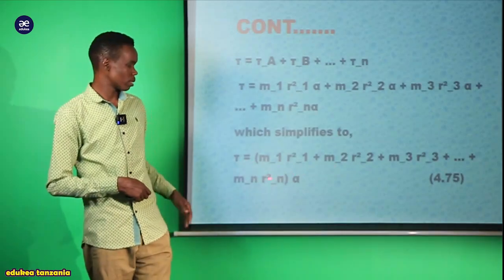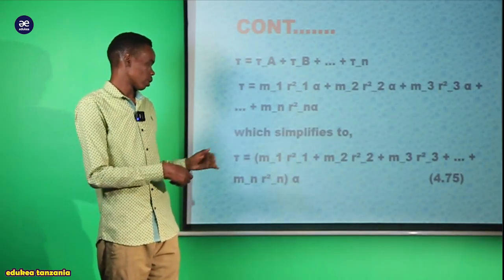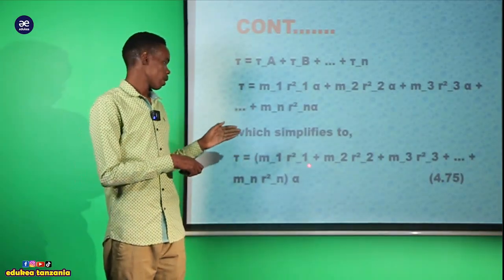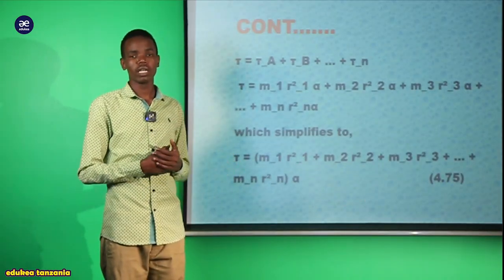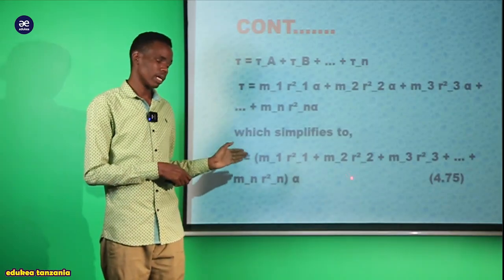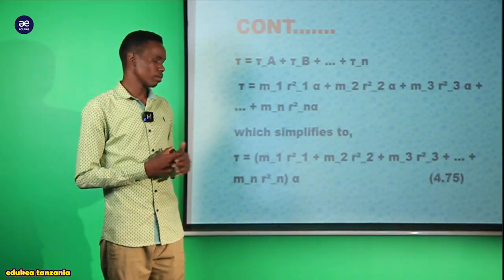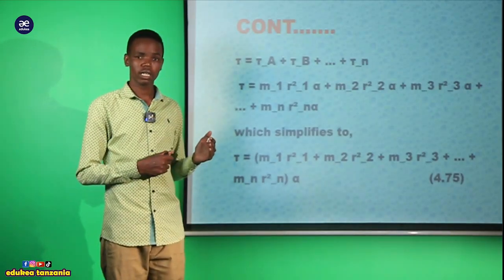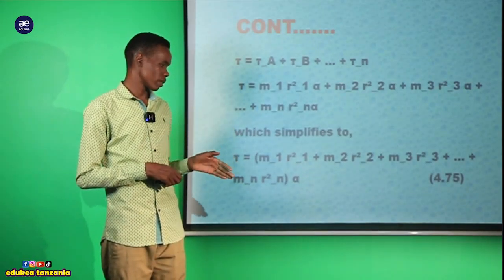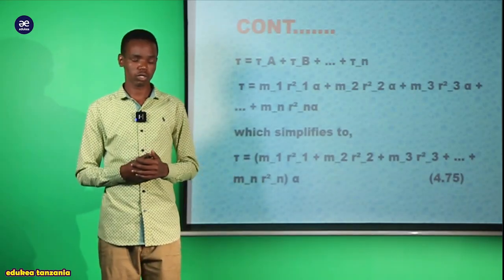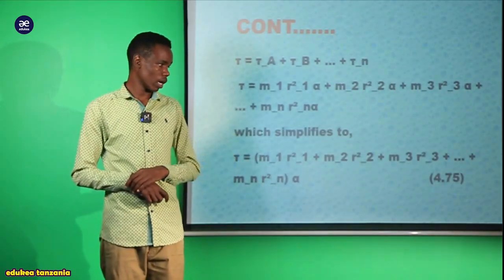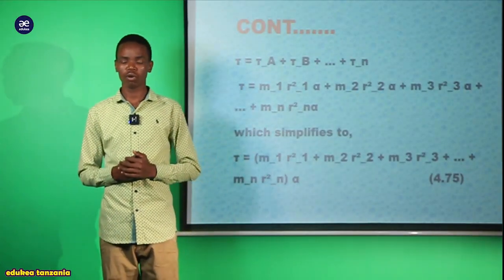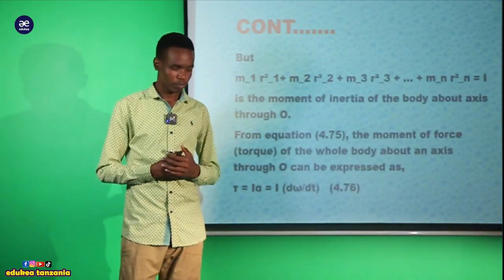If we factor out, we can represent torque as equal to the bracket of m1 r1 squared, plus m2 r2 squared, plus m3 r3 squared, then up to the nth term, the mass of the particle times rn squared, then multiplied by the angular acceleration. This might be equation number 75 for our first topic here.